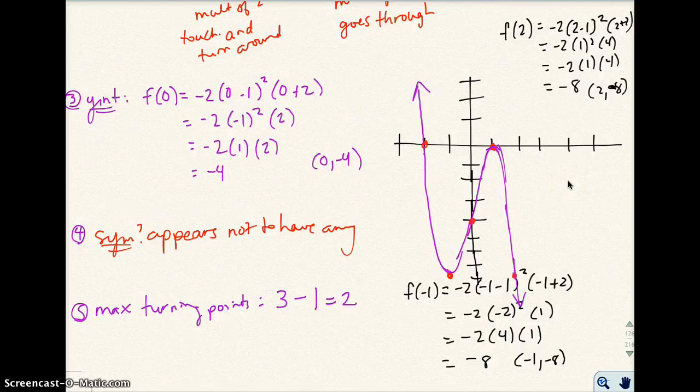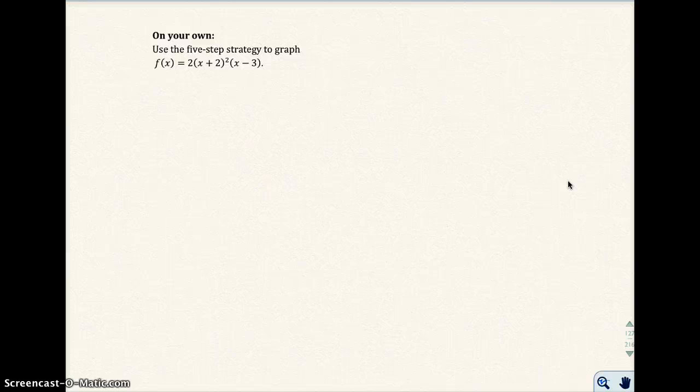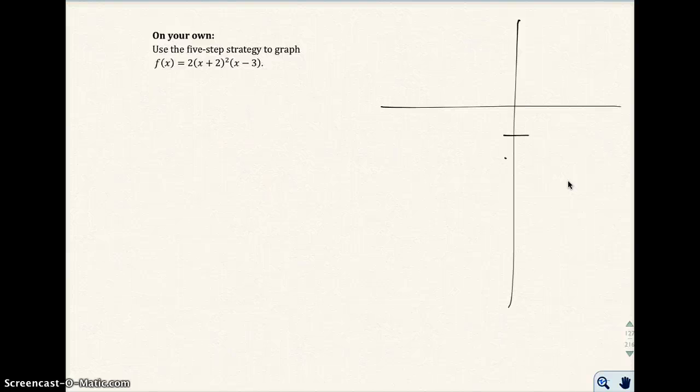Okay. So on your own, I know this is difficult for us students to do because we have those 5 steps and really 6 steps. But use the 5-step or really 6-step strategy to graph the following function here. And I'm going to warn you that when you make your graph paper, you're probably going to need, I'll go ahead and sketch out here, when you do your tick marks, make these each worth 2 because you're going to have some really big y values.